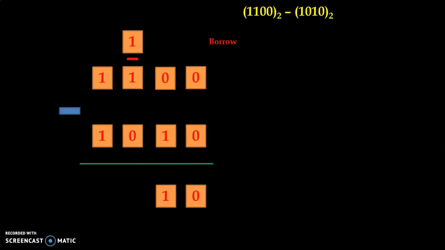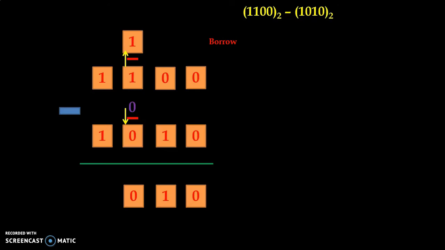So 1 minus 1, because we have taken 1 borrow. 1 minus 1, both values are similar. So the answer is 0. Now again, in the next step, what we do is 0 minus 0. So the answer is 0. See, this step or this process of subtraction when we have taken a borrow is very important.